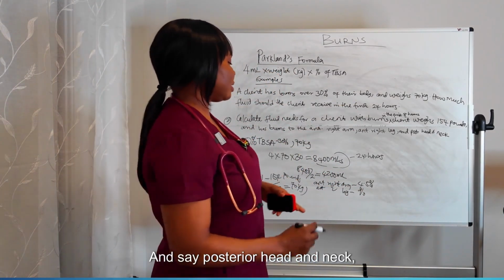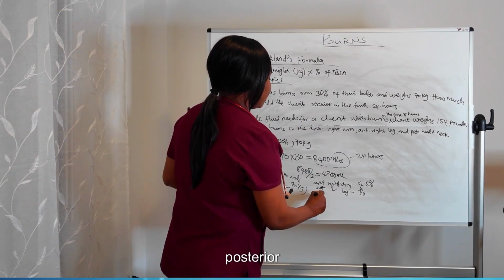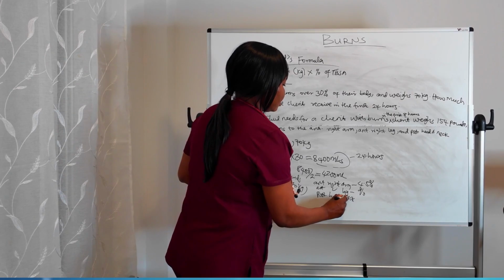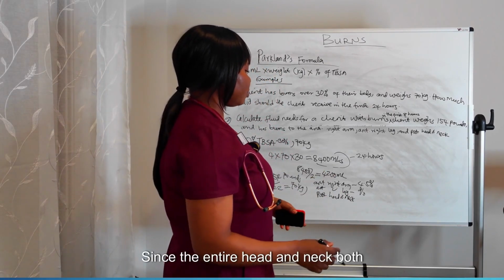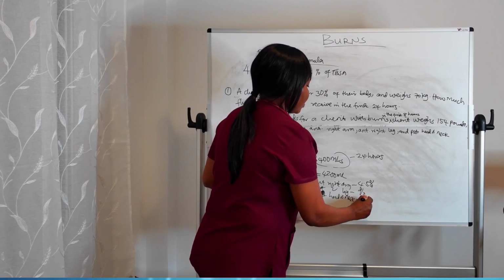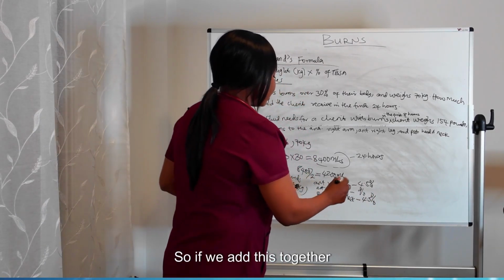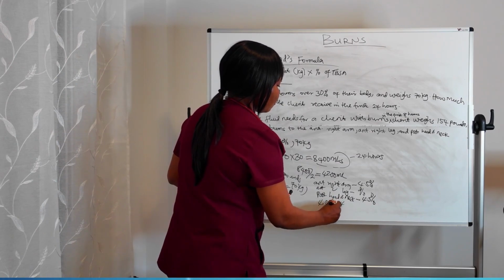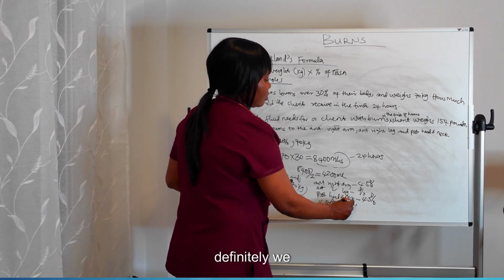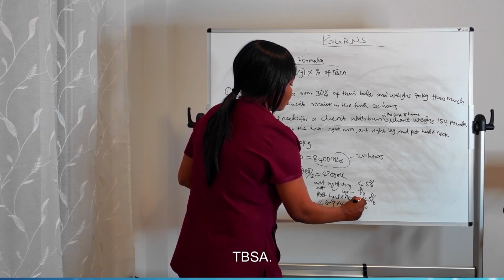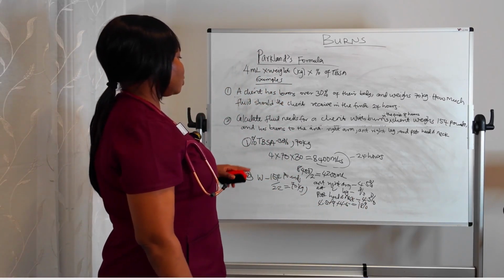And say posterior head and neck. Since the entire head and neck, both anterior and posterior, is 9%, only posterior will be 4.5%. So if we add this together, 4.5 plus 9 plus 4.5 again, we are going to get 18% of the TBSA.